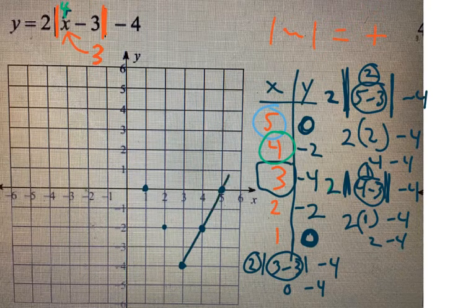If I connect those points, notice you get what we call a V shape. This is what an absolute value will always look like, guys. It will look like a V. But that's all there is to graphing absolute values. Pause the video if you need to.